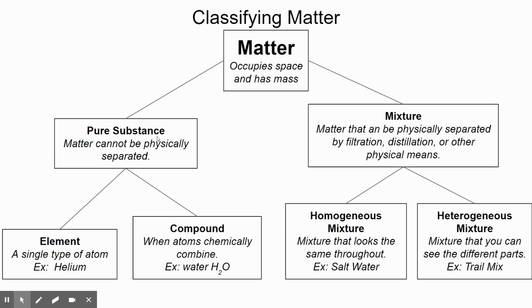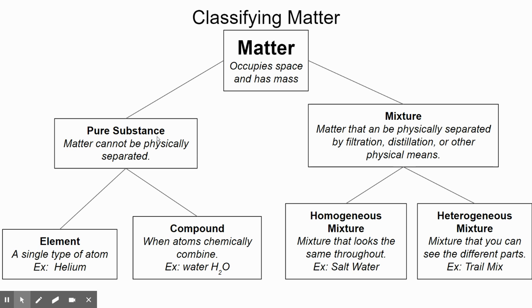Okay, there's two types of mixtures. Homogeneous. Homo means the same. A homogeneous mixture is a mixture that looks the same throughout. You cannot see the individual pieces of it. Something like salt water: you can't see the salt in the water.